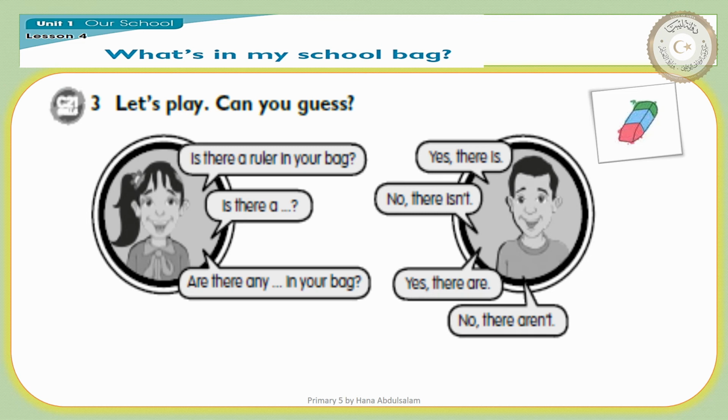Yes? Okay, so how are you going to answer me? Yes, there is. Like this. Is there a rubber in your bag? Yes, there is. Okay, I have a question now. Is there a ruler in your bag?